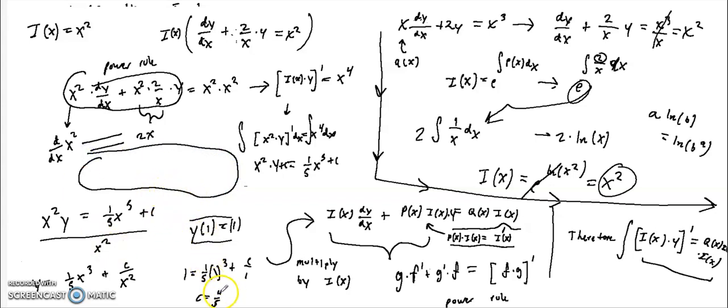And we'll get really messy and just write it in this little circle. So we get c equals 4/5, and we'll just finish that up with y equals 1/5 x cubed plus 4/5 divided by x squared, equals 4/5 x squared.